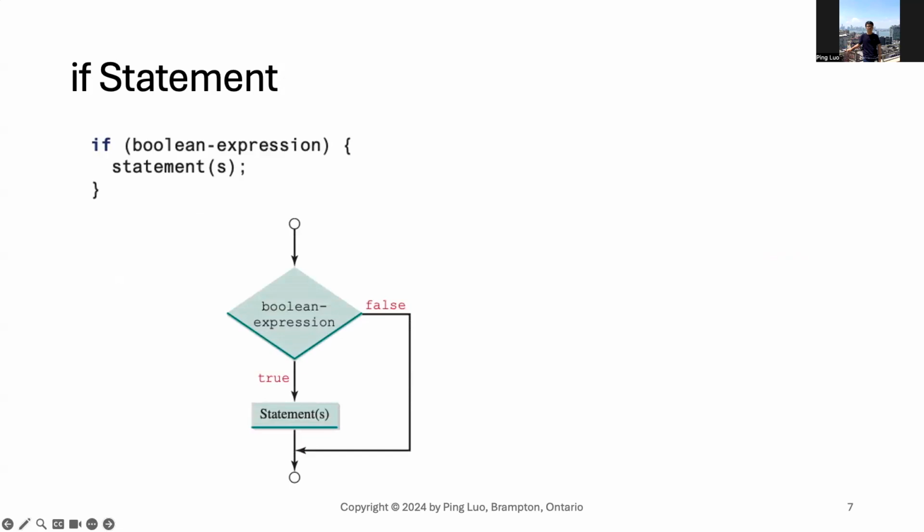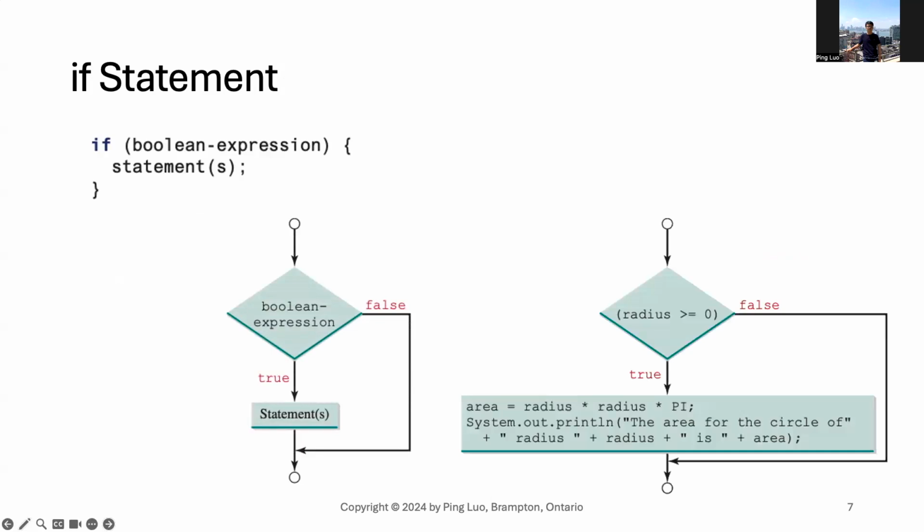And if it's false, it just ignores this and does nothing. So for example, in this question, if the radius is positive, we compute the area, and if it's not positive, there's nothing here. But actually, we can say something else, like your input is not correct.